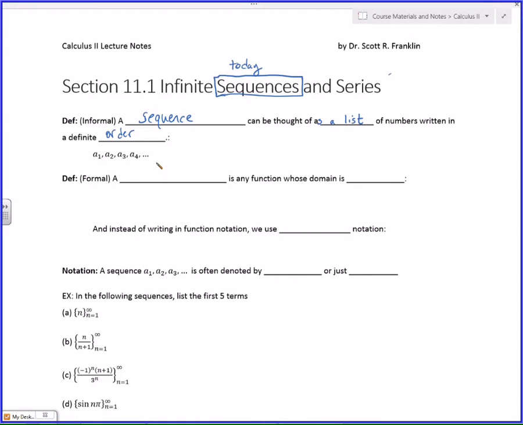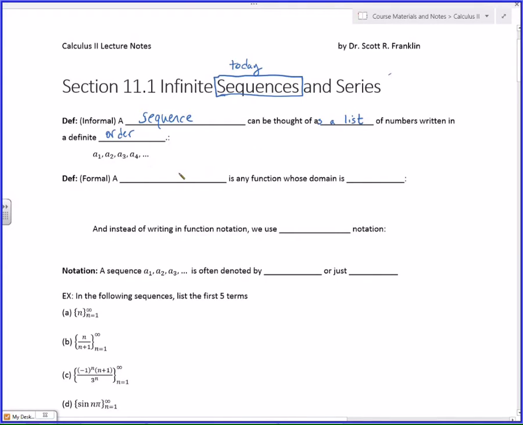The first day I walked into my calculus class here at Wayland, the thing on the board that Dr. Alms had put up there was: limits is calculus. That's what calculus is all about. So anytime you are talking about taking it to the limit, we're talking about calculus. That's why this fits in here, even though we're not going to be talking about derivatives or integrals.